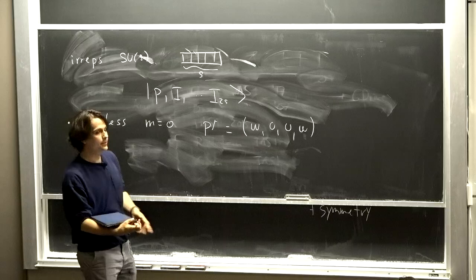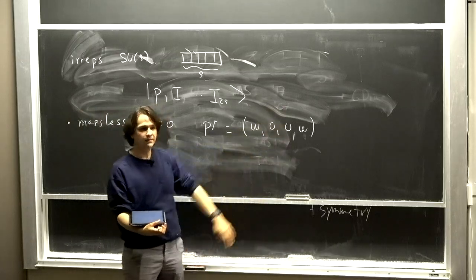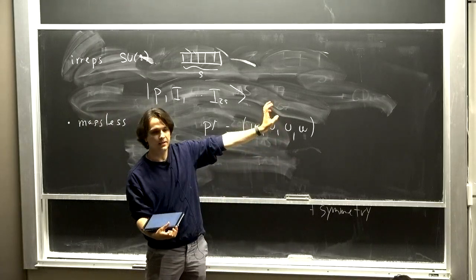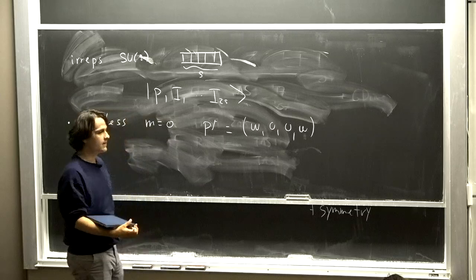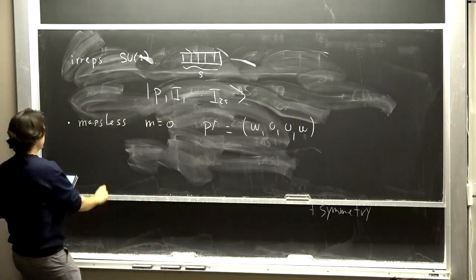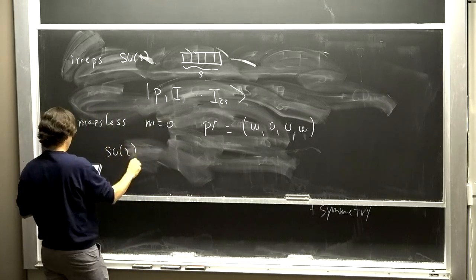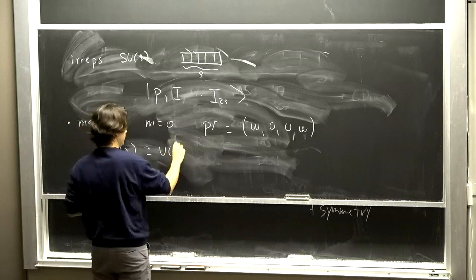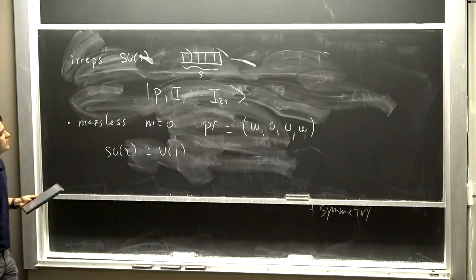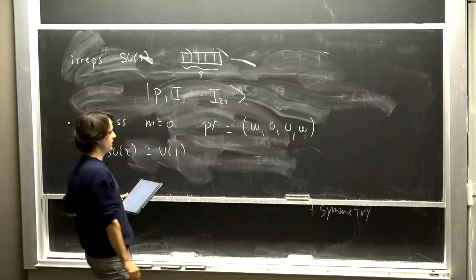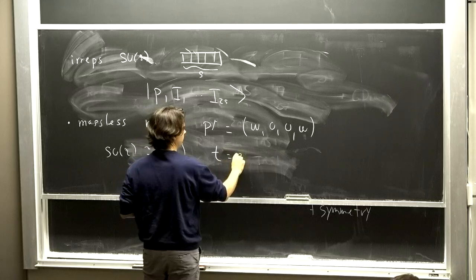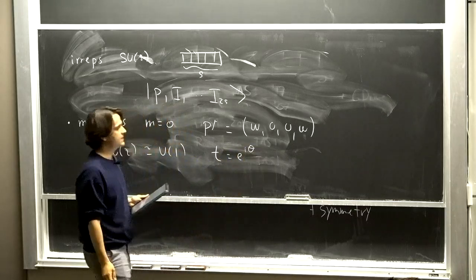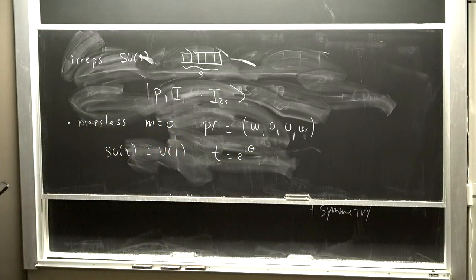There's a pretty obvious SO2 rotation, right? If I just do a rotation in the xy plane, this clearly leaves this invariant. So there's an SO2, or some U1. Let me call an element of this T, some e to the I theta, where this theta is just some rotation in the xy plane.